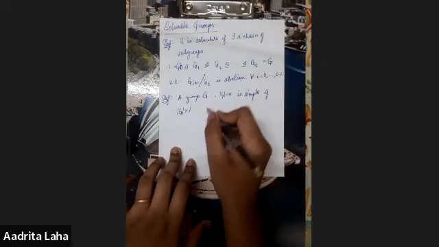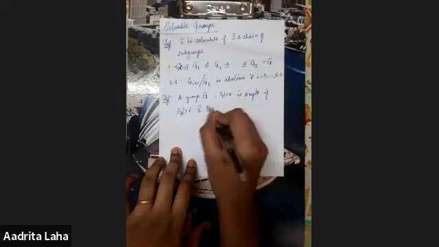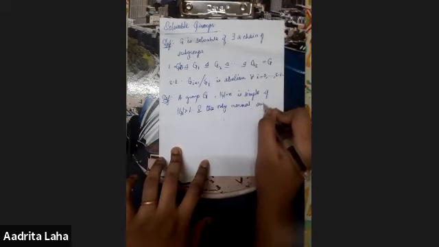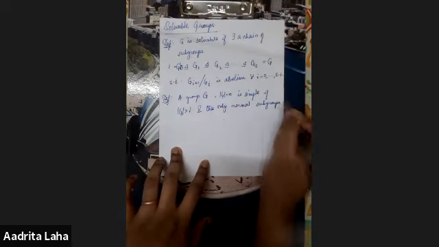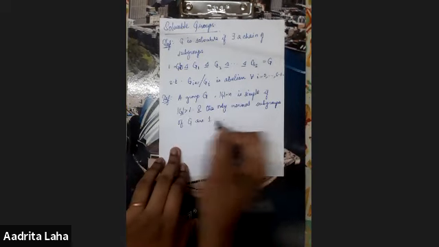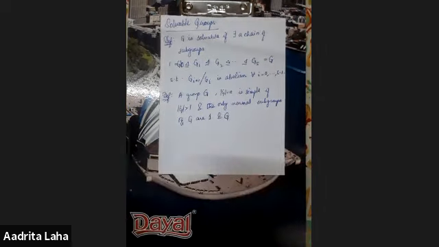So it's a non-trivial group, and the only normal subgroups of G are 1 and G. So these are simple groups, and as you already know, A_n, the group of even permutations, generated by 3-cycles, is simple.